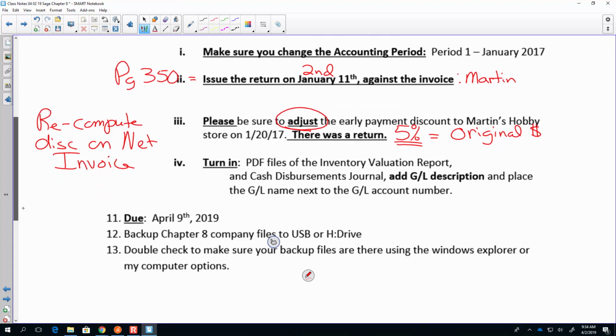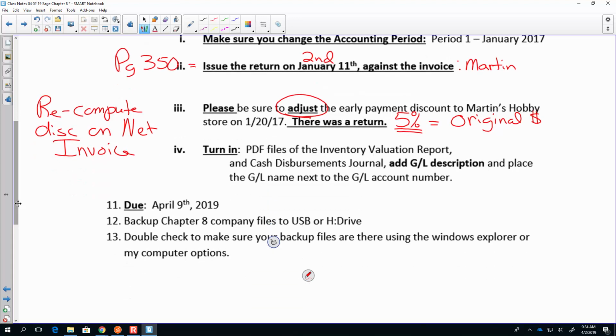So you should have a difference between the valuation dollar amount and the GL control. I want you to compare the dollar difference between the inventory valuation and the general ledger control. What is the general ledger control?